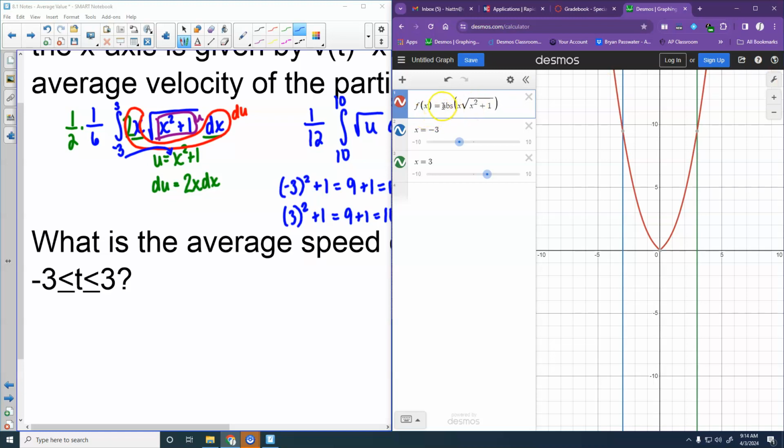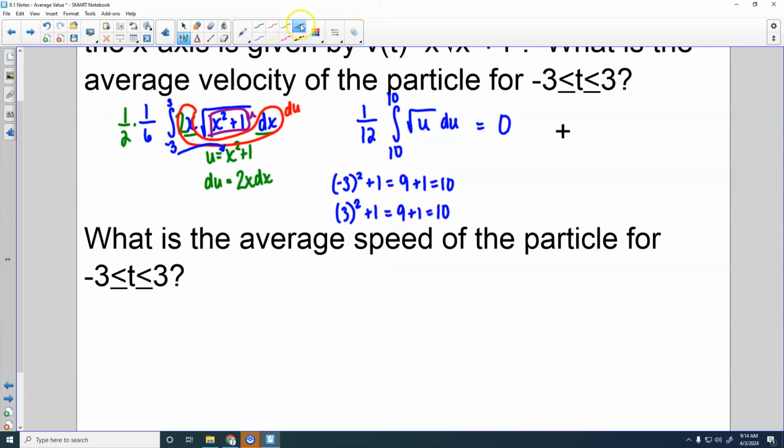Now, do we really know how to take an integral of an absolute value? We do not. If this were calculator active, we could do that, and I'll show you that in just a second. But it's probably not going to be calculator active. So instead, we are going to have to think about where this graph is negative and where this graph is positive. This graph is going to be negative anytime x is negative, and positive anytime x is positive, right? So we can break our integral into two sections.